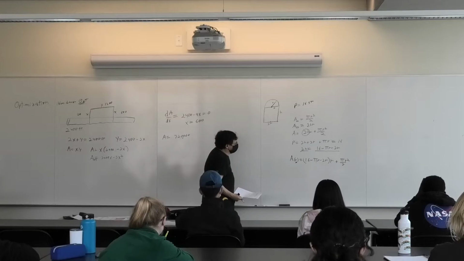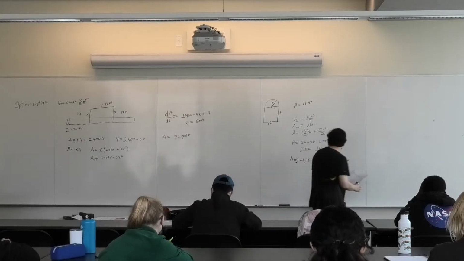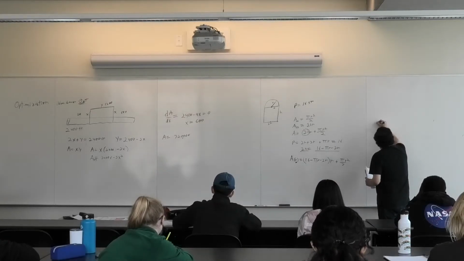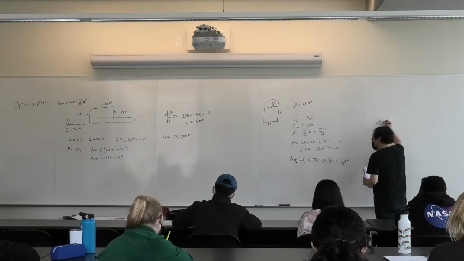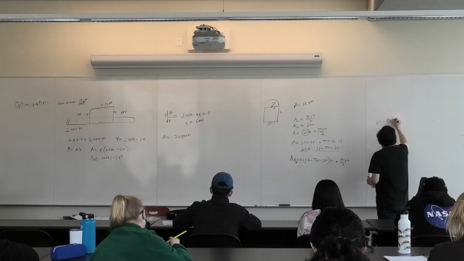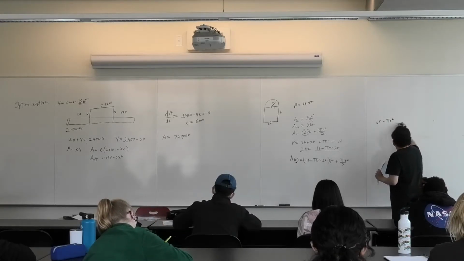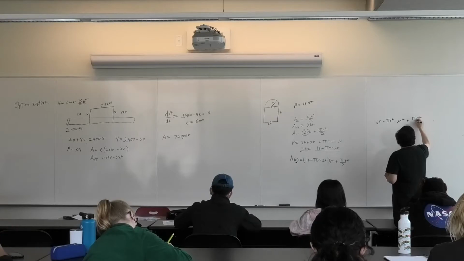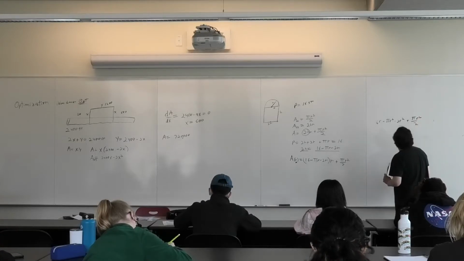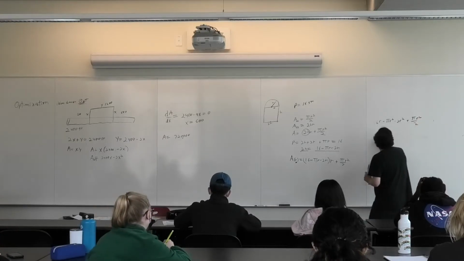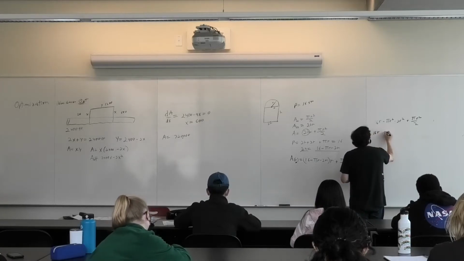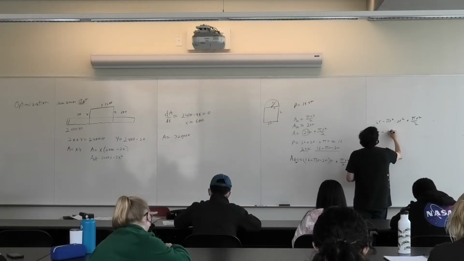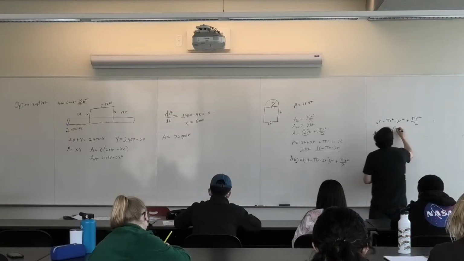Okay, well, I have a little algebra to do here. So I have 16r minus pi r squared minus 2r squared plus pi r squared over 2 is 16r minus r squared times what?